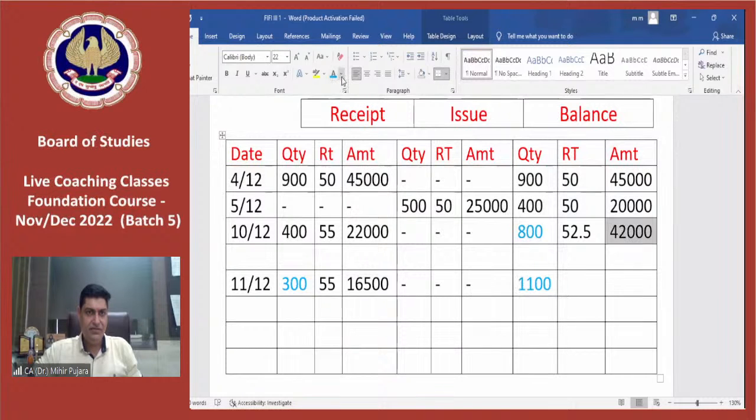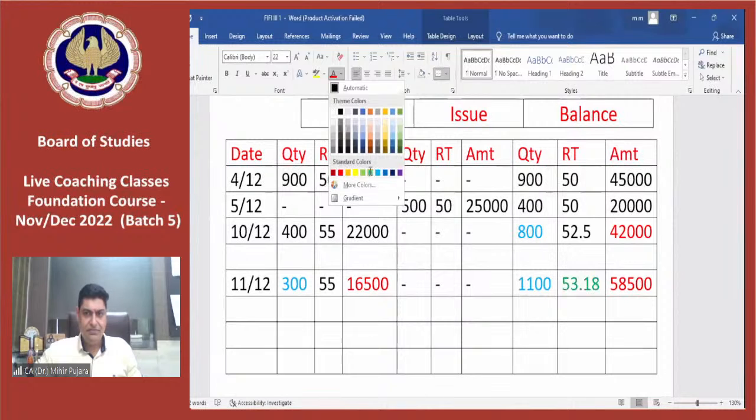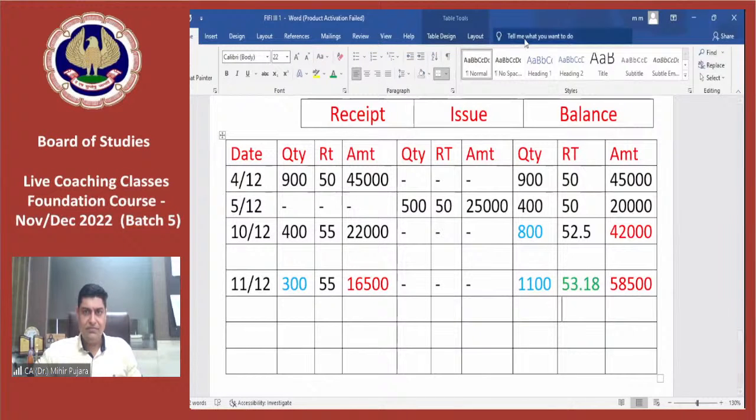Cost plus cost, 55,500. And therefore there will be a new rate. Clear, friend?